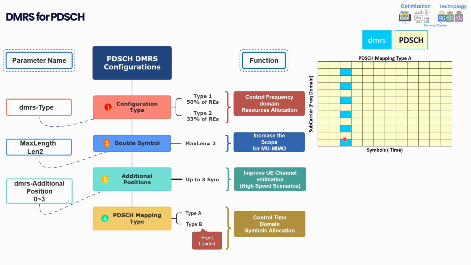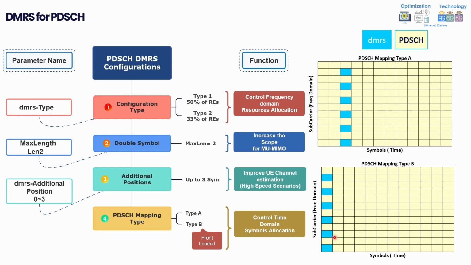This is type A, so type A can start at symbol 2 or 3, a range of symbols to start from. I don't remember the exact number, but I believe we cover it in the next slide. However, it's usually not starting in the first symbol. It can start at zero, I think, up to 3. So this is the main idea of PDSCH mapping type A, while mapping type B is always associated with the first symbol of the slot for the PDSCH allocation.